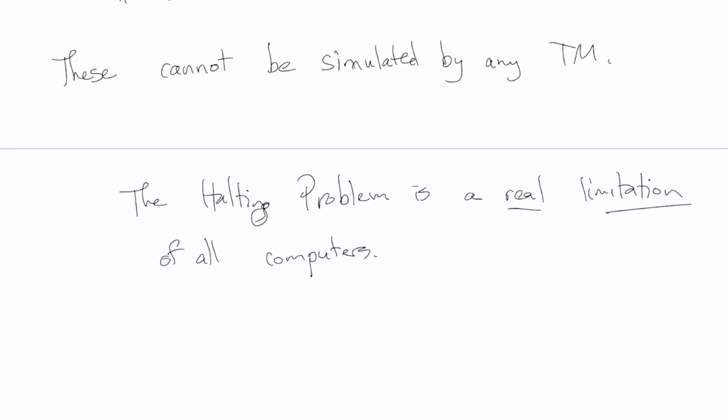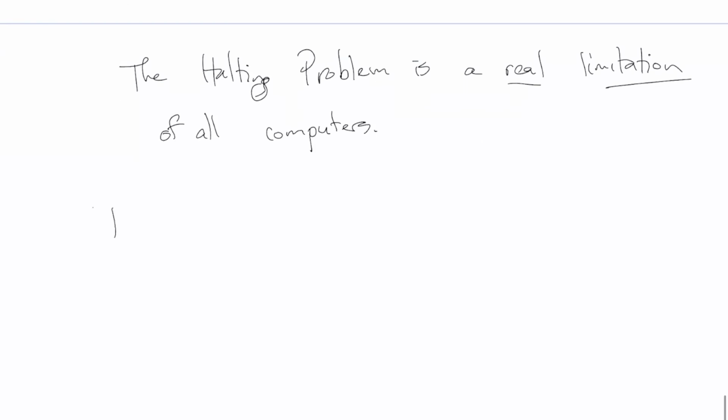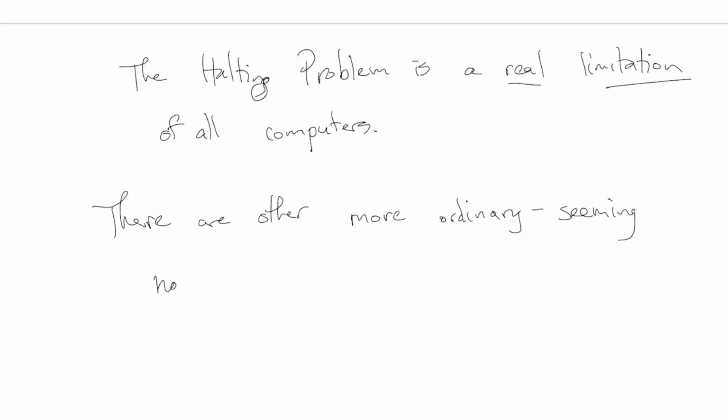Something that's a little disappointing about this is the halting problem is extremely abstract, and it will take you several minutes to explain to somebody else what it even means. I will just say there are other, more ordinary seeming uncomputable problems.